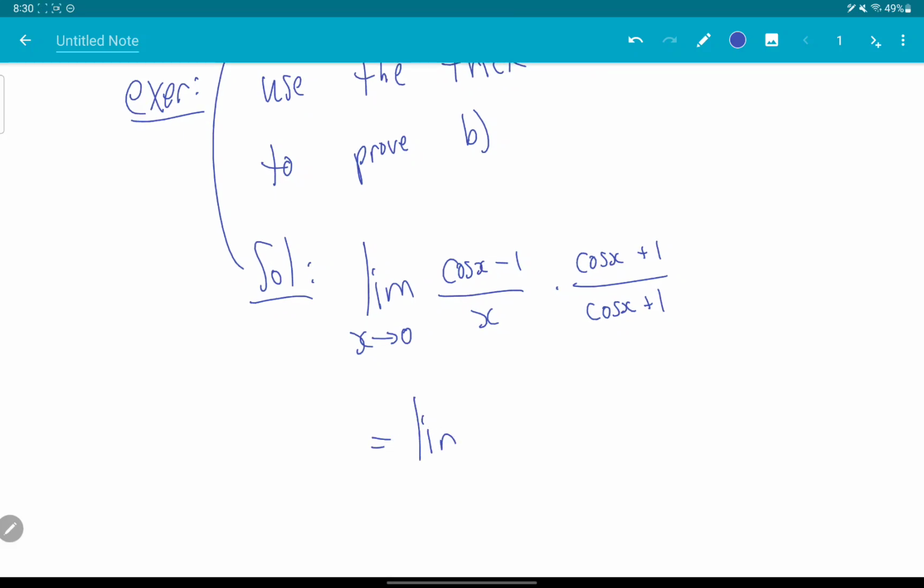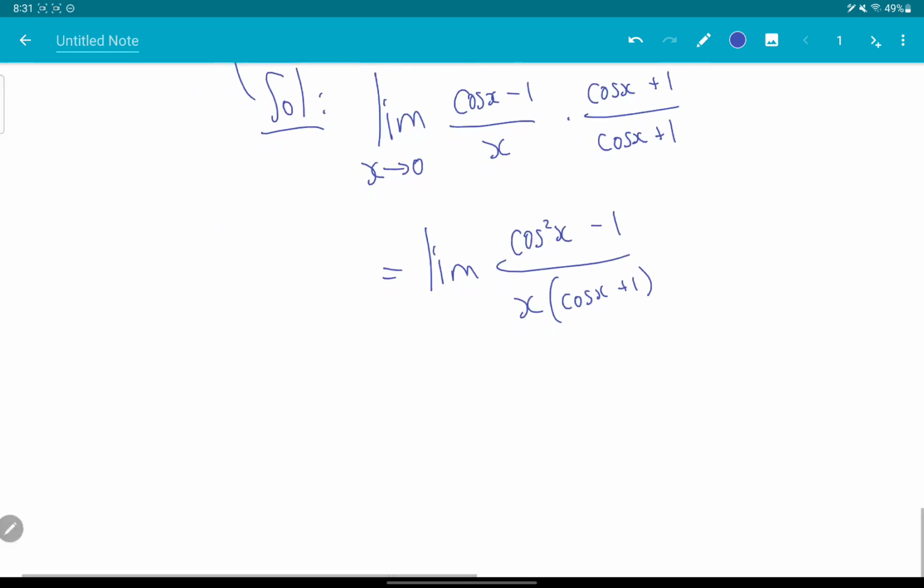And then on top I get cos squared x minus 1. On the bottom I leave it alone. Just like before, the numerator becomes minus sine squared x. I get x times cos x plus 1.